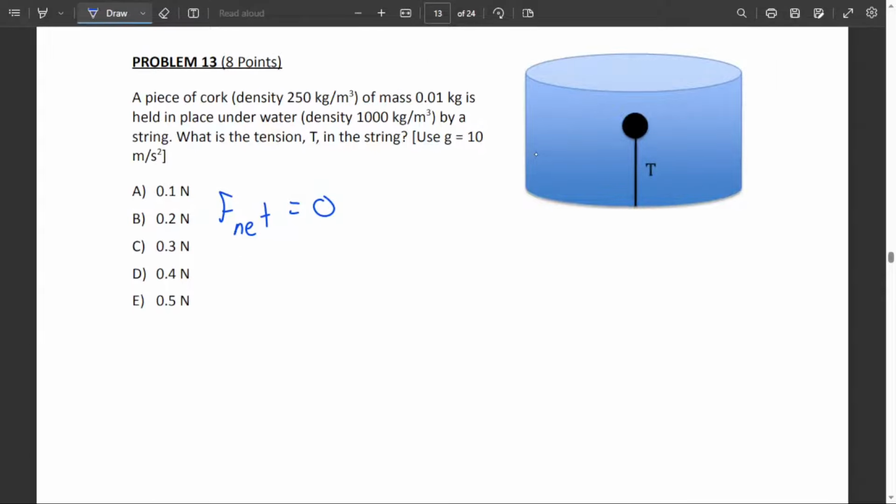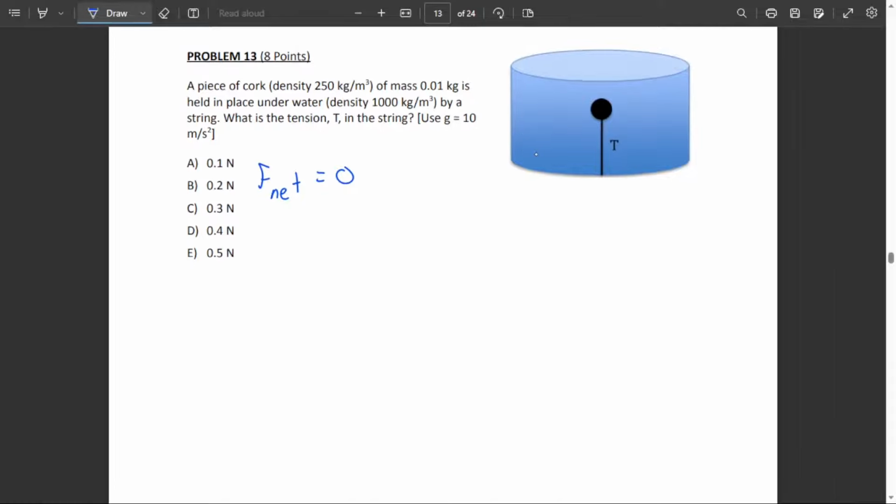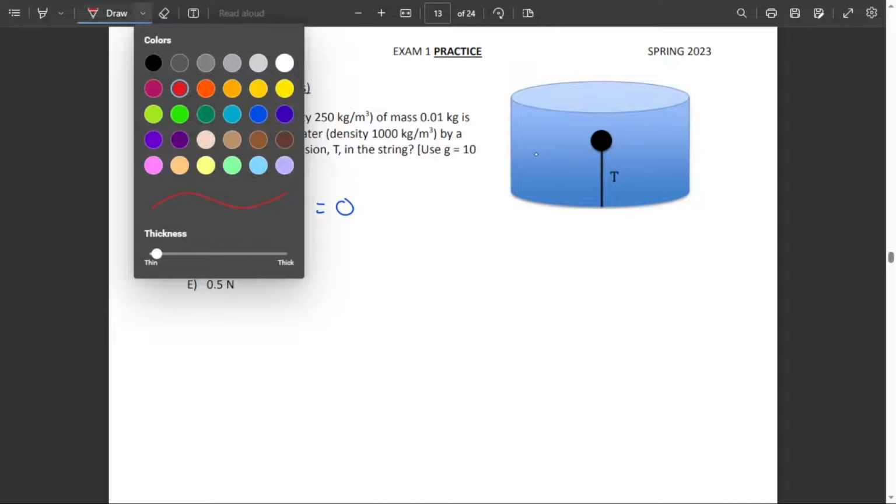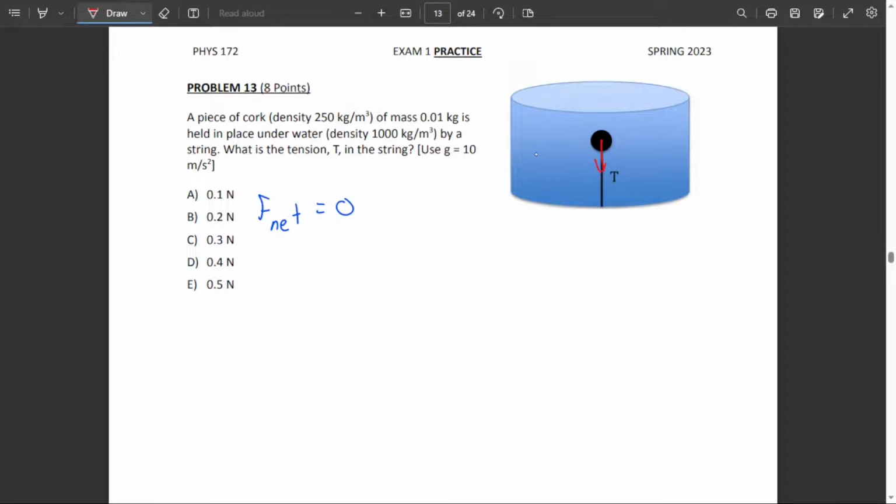So on our cork, we obviously have force of tension that is pointing downwards. Let's use red. We have force of tension. We also have force of gravity, the weight force. And then, pointing in the opposite direction, we have buoyancy force.